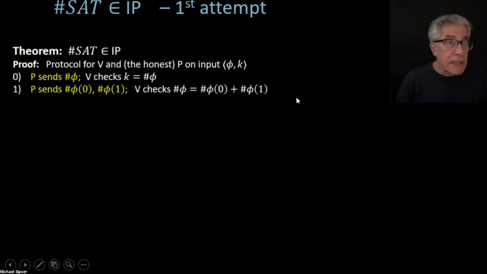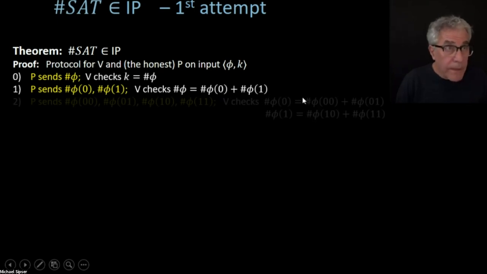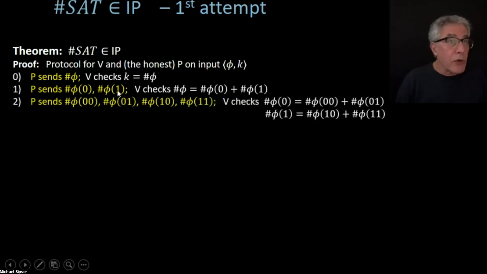So the verifier checks that the sum is correct, and then says, well, now how do I know those two values are right? So then the prover unpacks it one level further, justifying that phi 0, that value 60, was correct, by saying, well, if I set the next variable, x2, to 0 and 1, that's going to have to add up to phi 0.